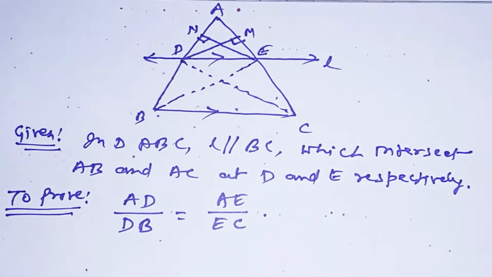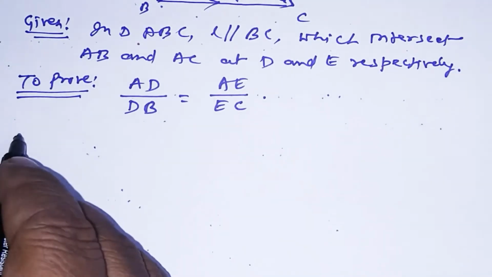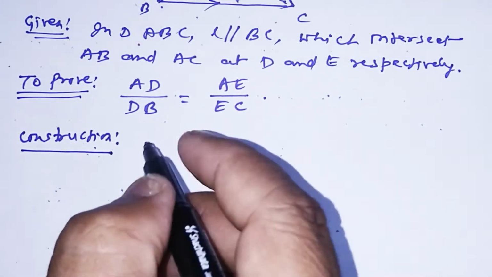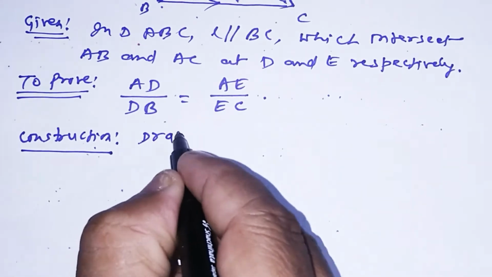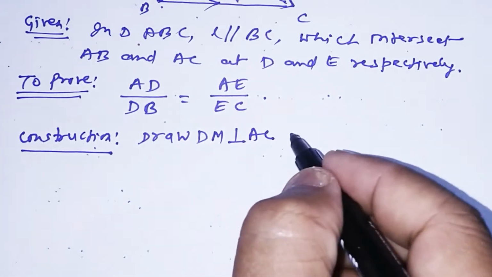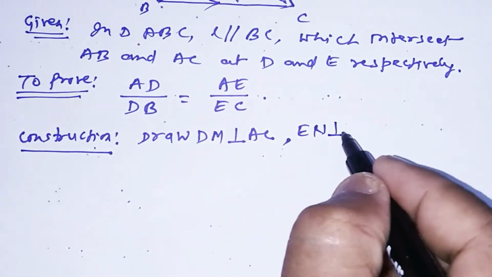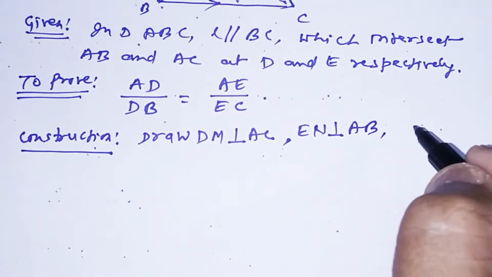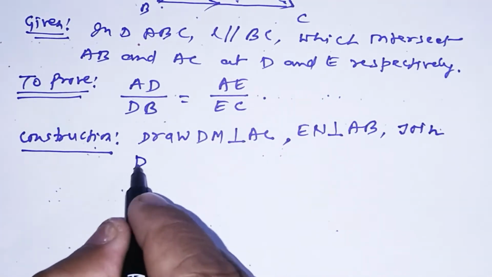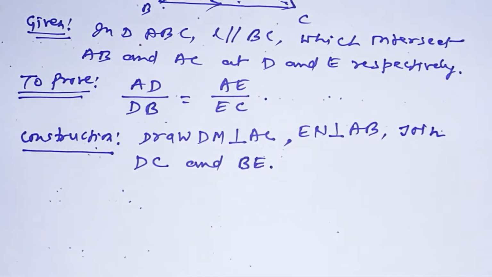We will write the same construction here. Construction: draw DM perpendicular on AC and EN perpendicular on AB, and join DC and BE. Okay, so this construction is done.